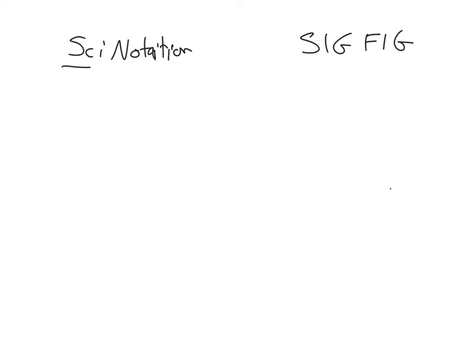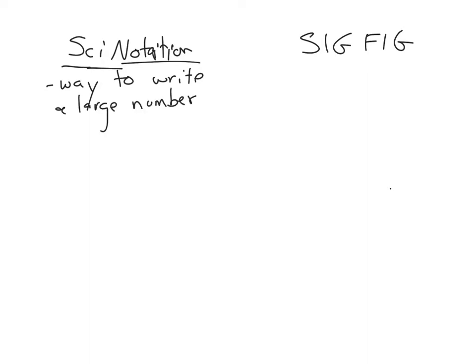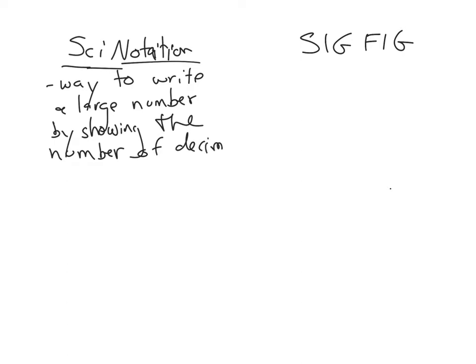Well, to be very brief, scientific notation is a way to write a large number by showing the number of decimal changes. You will usually see this with the letter E or times 10 to the power in your calculator.